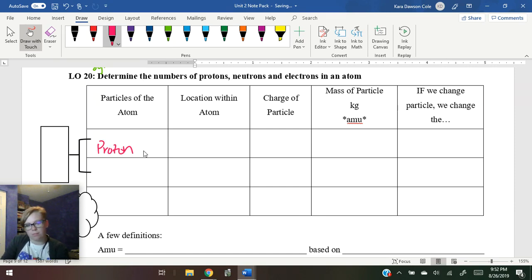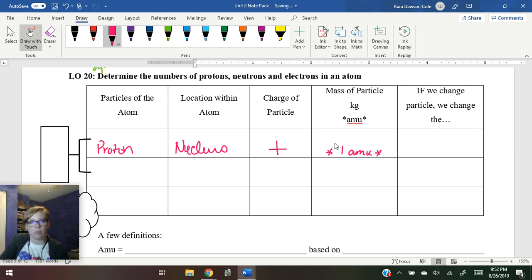So I got the proton. The location of the proton within the atom is in the nucleus. The charge on a proton is positive, so positive 1. The mass of the particle in AMU is 1.